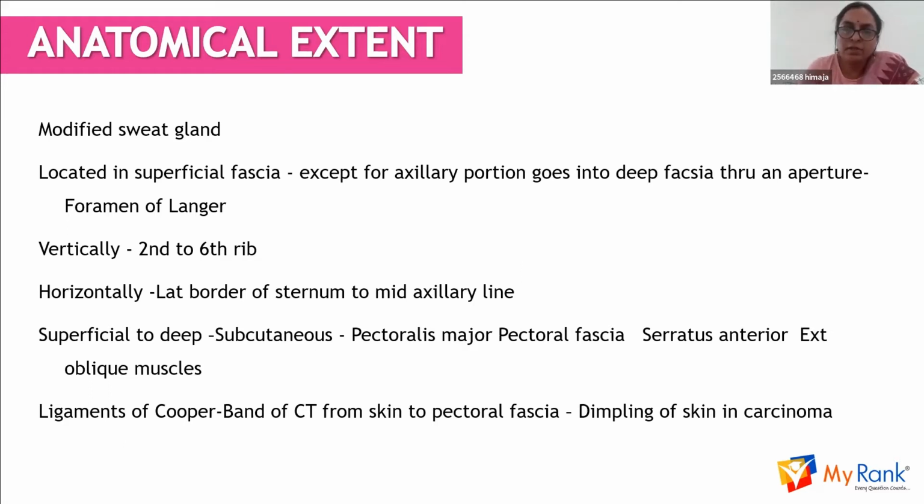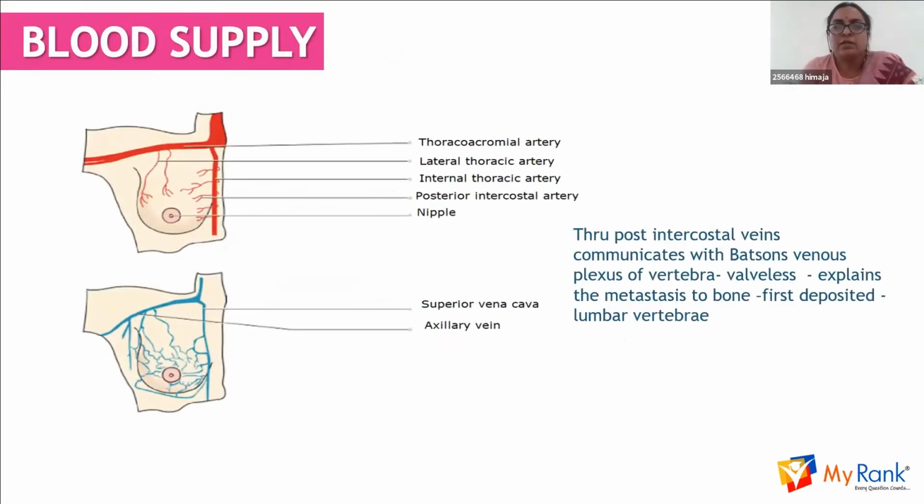Now coming to the blood supply. Two-thirds of the breast is supplied from the axillary artery and one-third from the internal mammary artery. Here you see the axillary artery and here is the internal mammary. The main branches of the axillary artery are the thoracoacromial artery and the lateral thoracic artery.